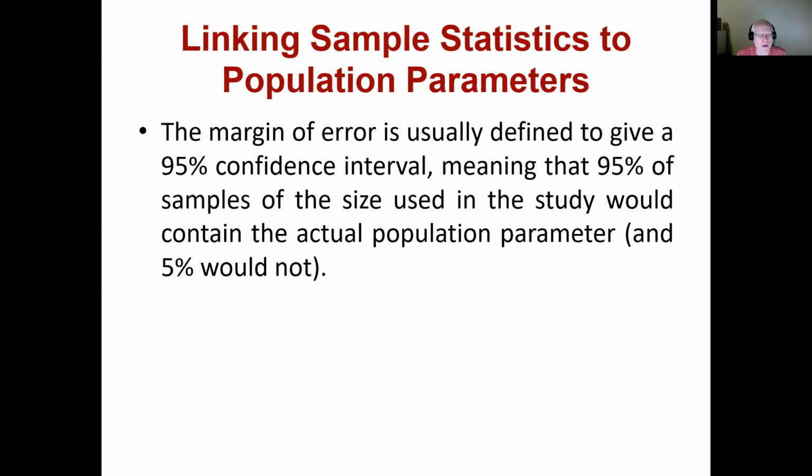What we have to put on trust is whether we are willing to accept a 5% chance that we have that one sample. Depending on the importance, if it's not that important if you're wrong, some may be able to tolerate a 10% chance of being wrong, so they only require a 90% confidence interval.